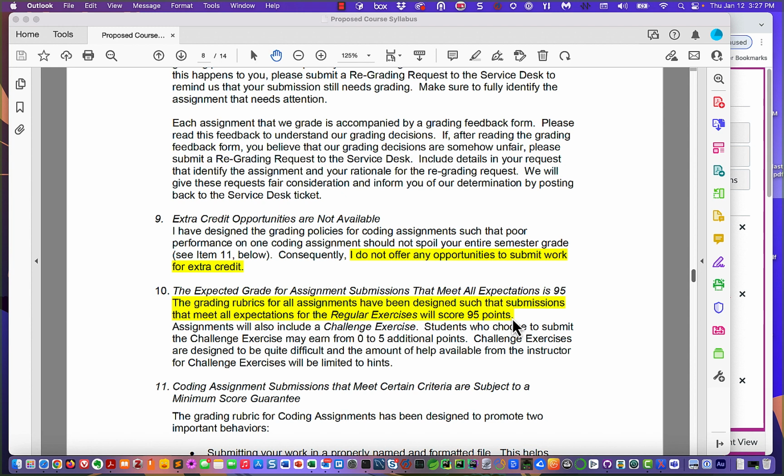There you can earn somewhere between 0 and 5 additional points, depending upon how you perform, okay? Those are hard. I don't give as much help on them, mostly hints, all right? So the difference between a 95 and 100 is pretty hard to travel, that distance.